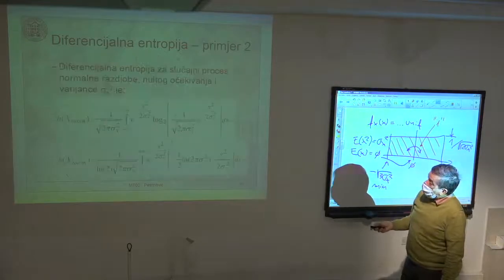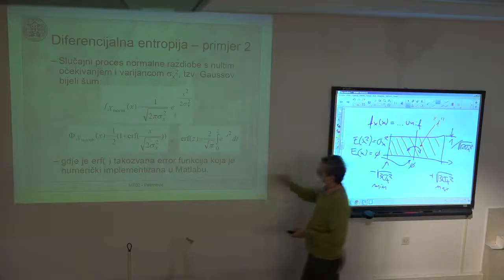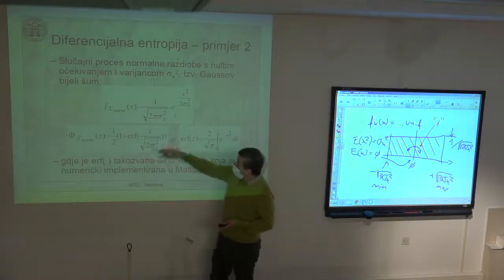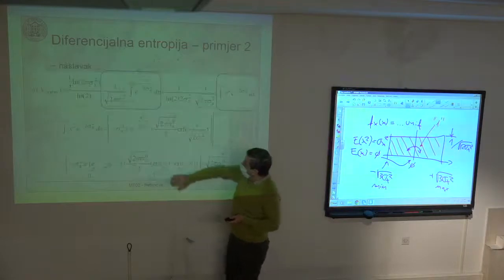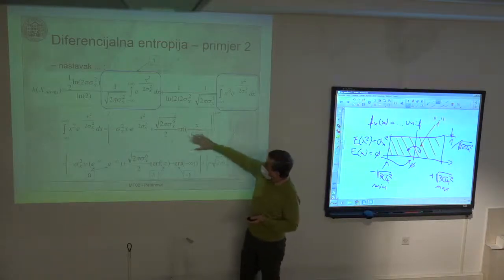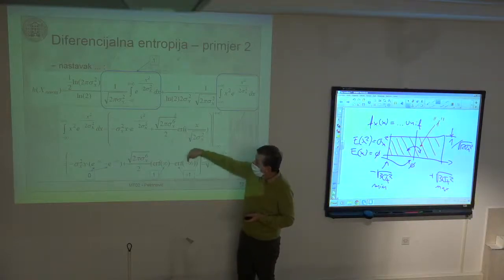So this error function that was discussed at the beginning, that defines the cumulative density function of the PDF, or of the process, is the second part of this integral. And I have to evaluate the error function of the upper bound minus the error function of the lower bound.